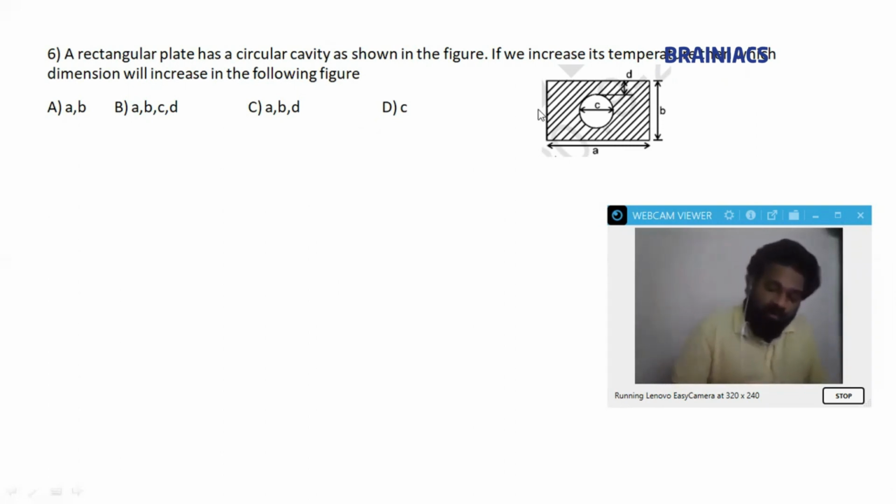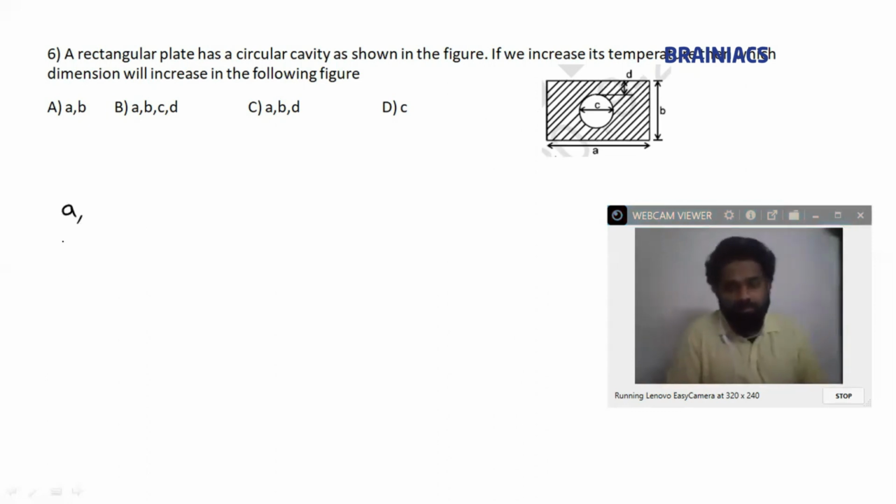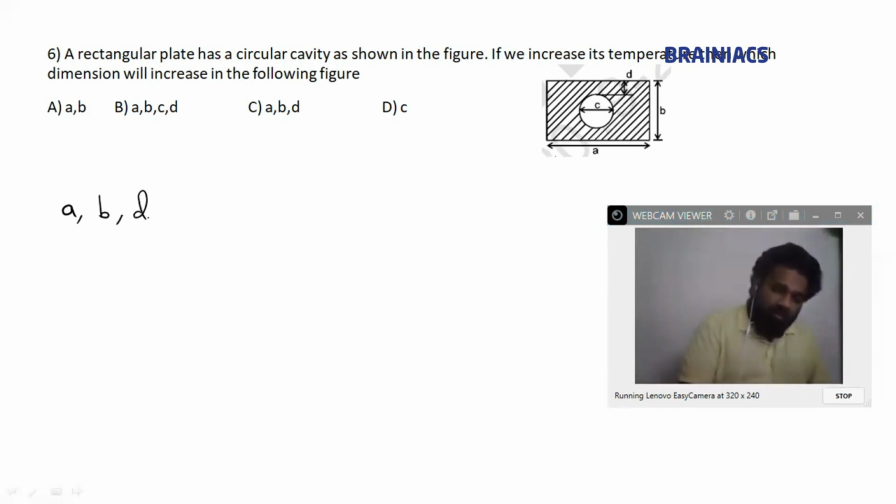One thing we are sure of is that if area expands, definitely this dimension A, that length, will expand. Then we are quite sure about B also. Length will expand, breadth will expand. What about that distance D? Overall distance increases. At least some of you might not have understood that D also will increase.